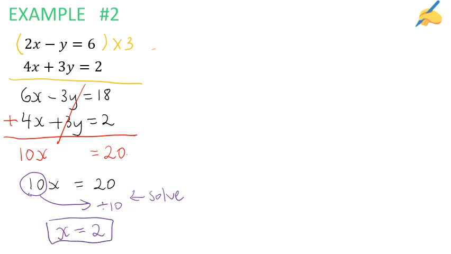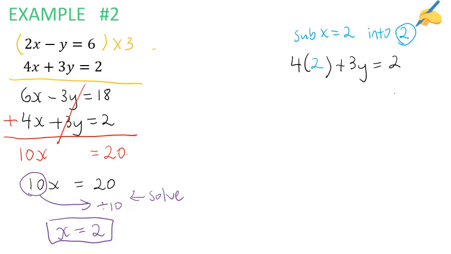To find y, I'm going to sub x equals 2 into equation 2. I think it'll be easier. So I'll have 4, instead of writing x, I'm going to write 2, plus 3y equals 2. 4 2's, 8, plus 3y equals 2.